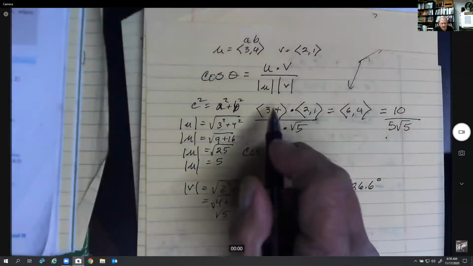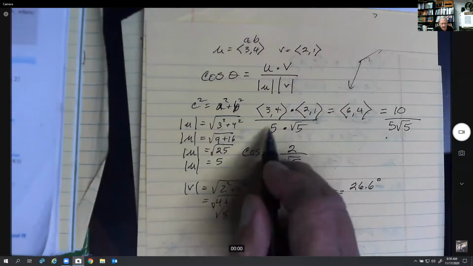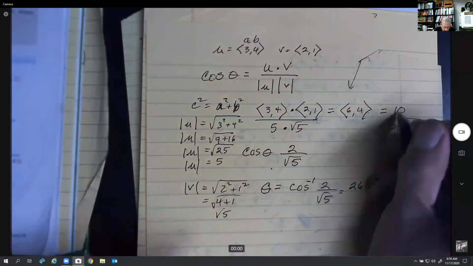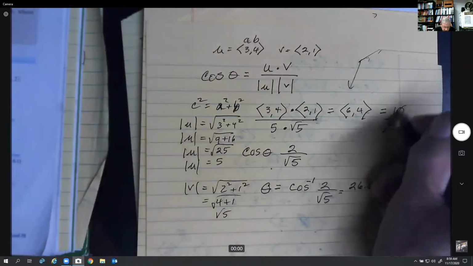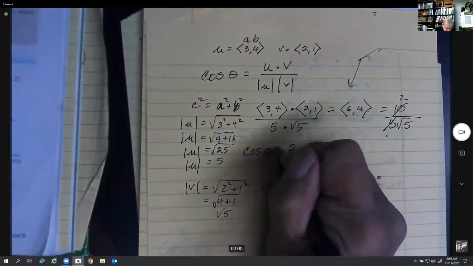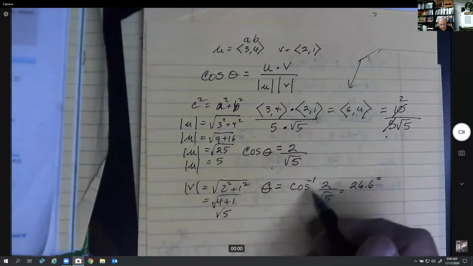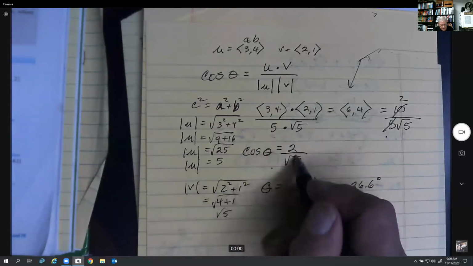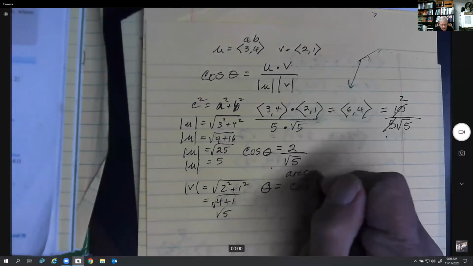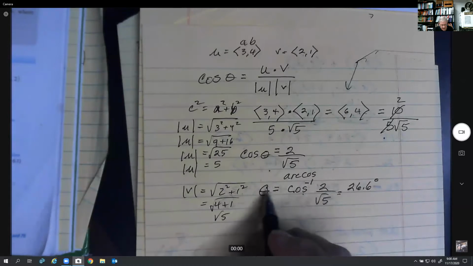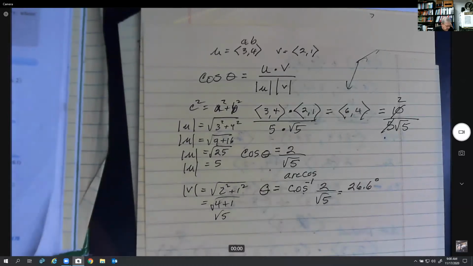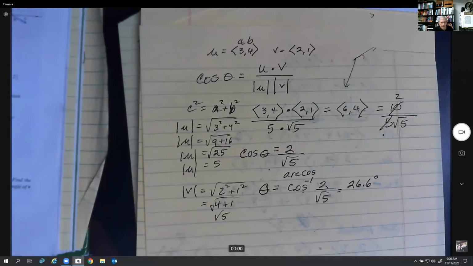So you're just using the Pythagorean theorem here, calculating the one, calculating the other, then multiplying them together. Here I decided to reduce this a little bit. Cosine theta equals this. Bring the cosine over to the other side, arc cosine or inverse cosine. In other words, you're trying to find the angle. So I hope this helps. Try some of those problems and see what you can do.